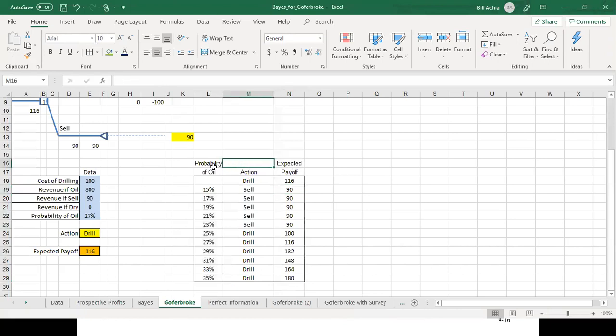And I have a 10-minute video that I'm going to post to Blackboard after this, which discusses how to go about setting up this table here, such that you can make decisions on what options we should choose based on a given probability. Okay.